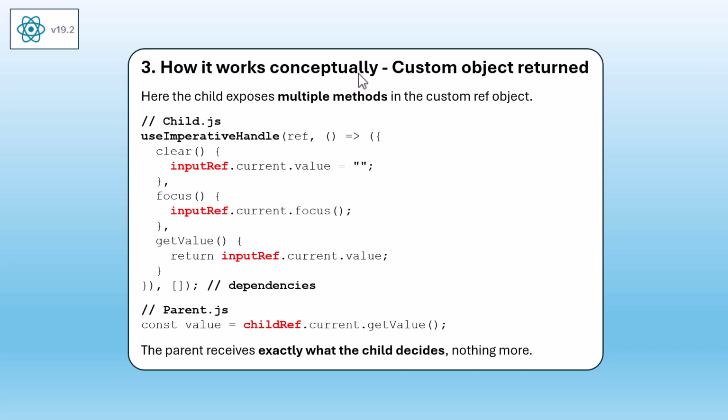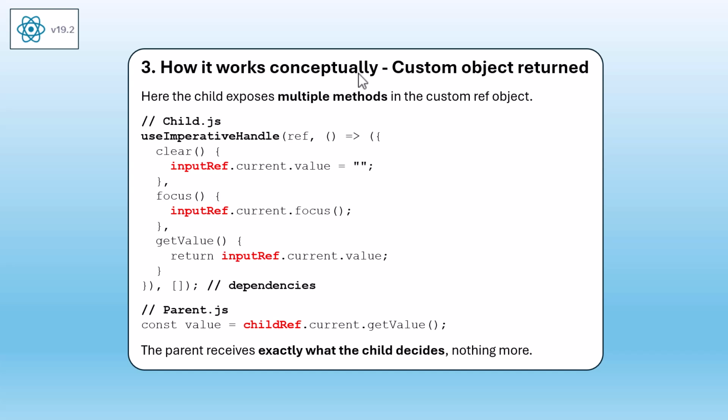3. How it works conceptually. When you use this hook, the component receives a ref from its parent. Then, inside the component, you define a creator function that returns an object. This object is the handle you are exposing. It could contain arbitrary methods or values that the parent might invoke. Also, you specify a list of dependencies, reactive values, like state, props, or other functions, that the creator function uses internally.